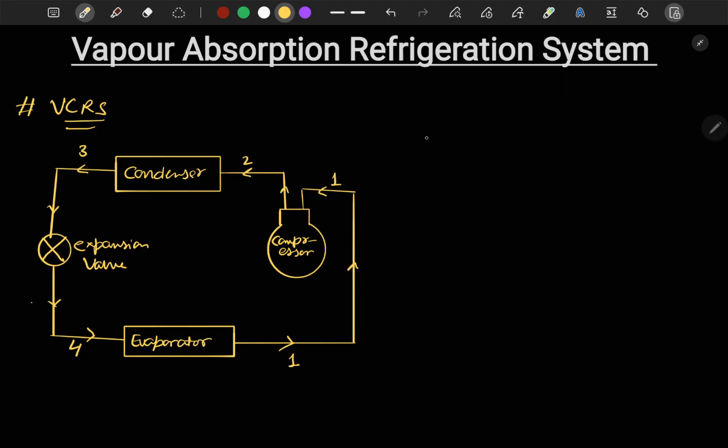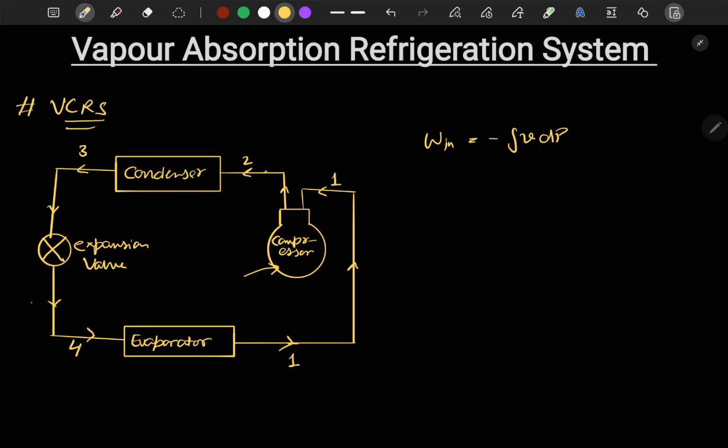But what happens if we talk about the work input to the compressor in the case of the VCRS cycle? We know that work input for an open system is given by VdP. Now the pressure difference from P1 to P2 is constant.